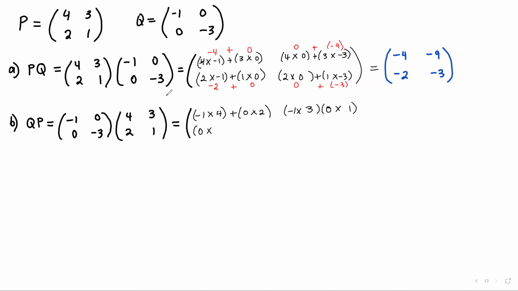So 0 times 4 plus -3, that's your next value in your row 2, times the next value in your column 1, which is the same one as up here. Same row 2, so it's still going to be 0 times and -3 times, and then it's going to be the column 2 values, which are 3 and 1.